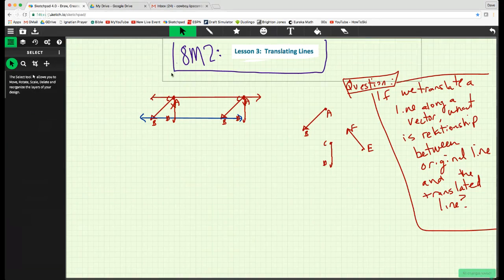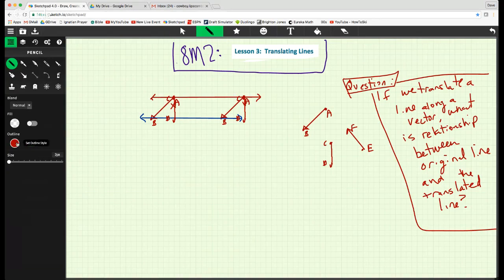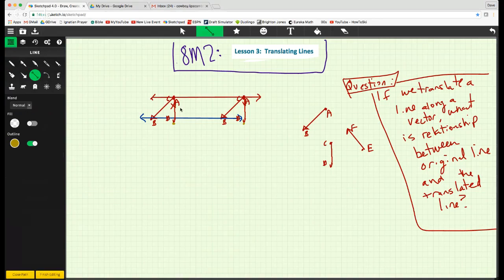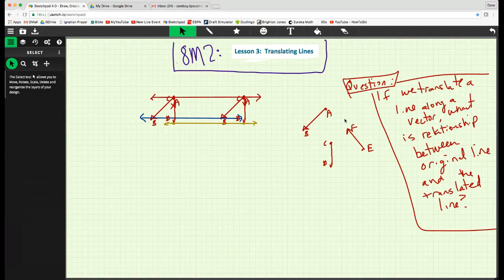Let's make this one in yellow. And you're going to start to notice something about any one of these given lines. And now let's translate along FE. Well, we're running out of colors.